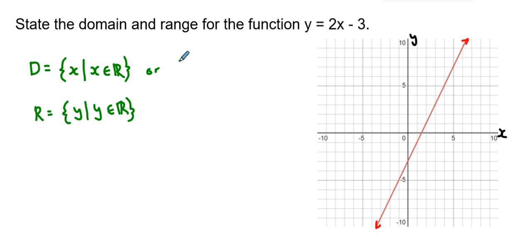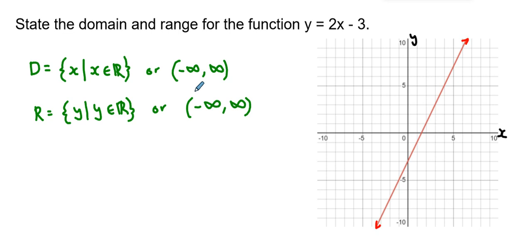We use the rounded brackets whenever we have infinity values, and my interval notation, which assumes we're part of the real numbers, would look like that, and it would be the exact same for the range. So the domain and range here would look identical. If you haven't checked out the videos on set builder notation or interval notation, you should go and do that and then come back and finish this video off.